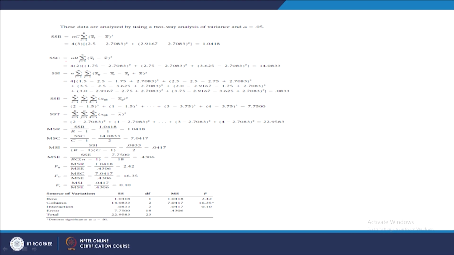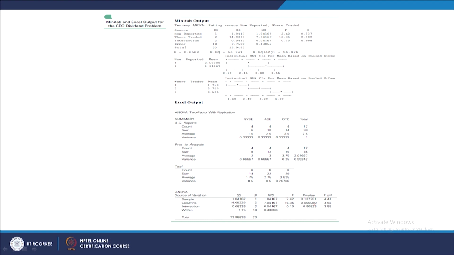After calculating all necessary statistics, let us look at Minitab output. So, this is p value, right. This value is less than 0.05. So, we will say that there is a significant difference in stocks as far as where the stocks are traded. But if you look at p value for how the reporting system was, there is no significant difference.